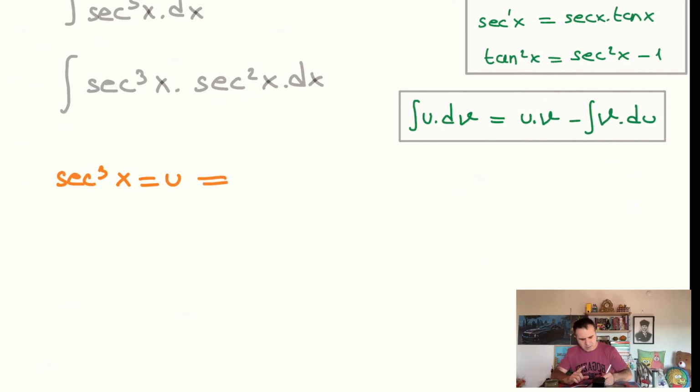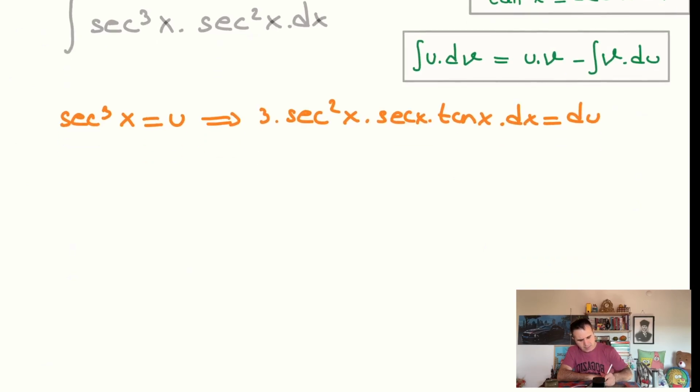Then take the derivative: 3 times secant square of x times the derivative of secant x, which is secant x tangent x, dx is du. Then this is 3 times secant cube x times tangent x dx is equal to du.